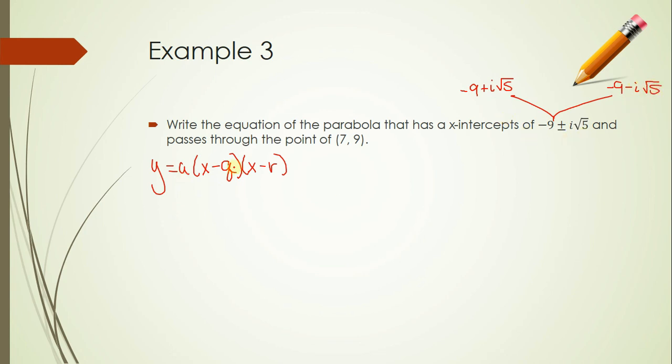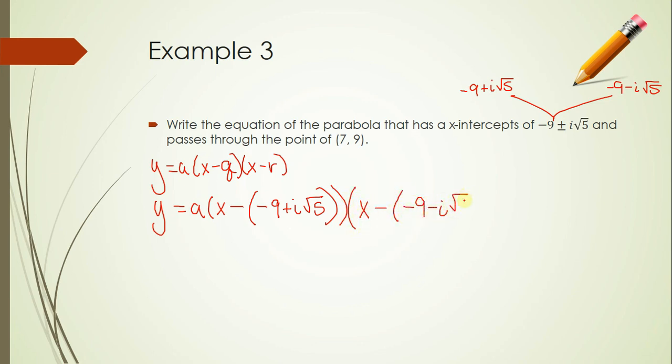Those are your 2 x-intercepts. So here's how we're going to plug that in: a times (x minus (-9 plus i square root of 5)) times (x minus (-9 minus i square root of 5)).